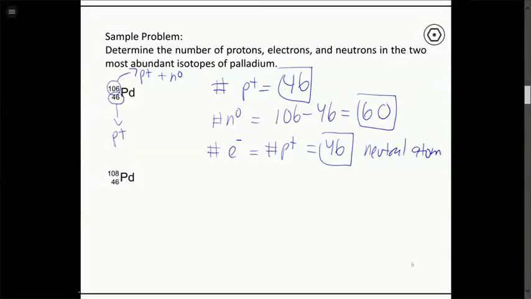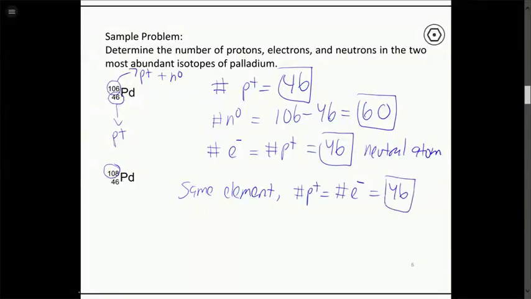And then same song, second verse. If we talk about this other isotope of palladium, the only difference again is the mass number when we're talking about two different isotopes. It's the same element, so we don't even have to do any work. We know that the number of protons and the number of electrons stay the same, no charge involved, so it's still 46 protons, 46 electrons. But the only difference here is that the number of neutrons changes.